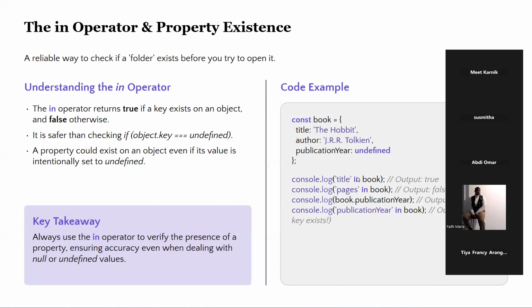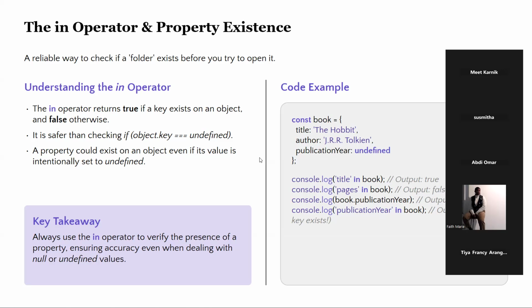The in operator returns true if a key exists on an object and false if it does not. This is definitely safer than only checking whether something equals undefined, because a property can still exist even if its value was intentionally set to undefined. In this example, we have a book object with the title, author, and publication year.